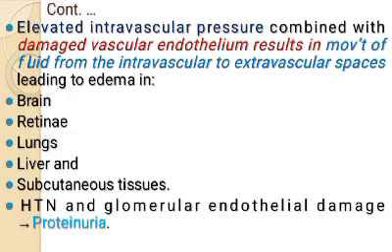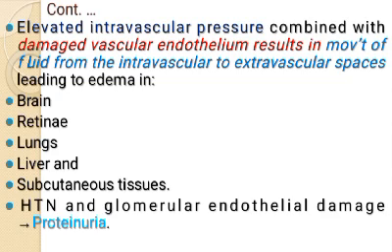Continue. Elevated intravascular pressure combined with damaged vascular endothelium results in movement of fluid from the intravascular to the extravascular space, leading to edema in brain, retina, lung, liver, and subcutaneous tissue.